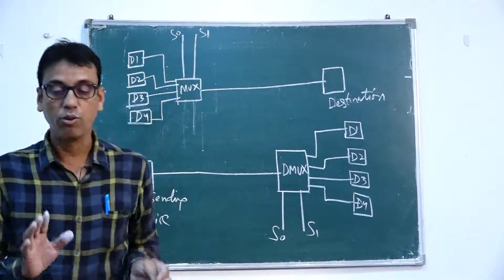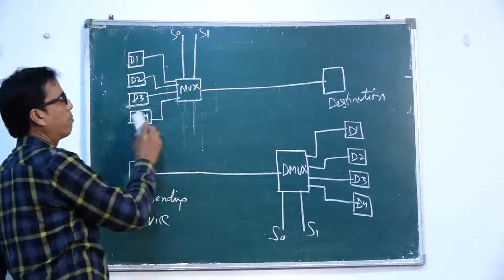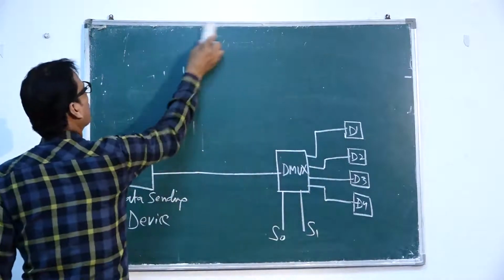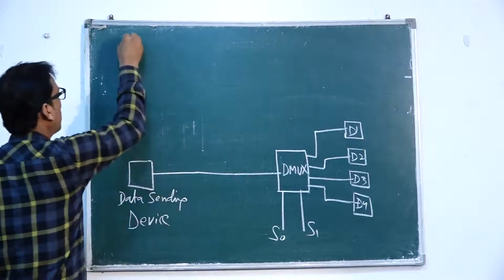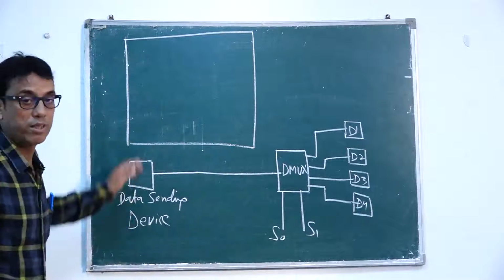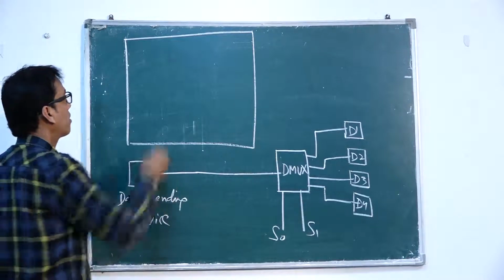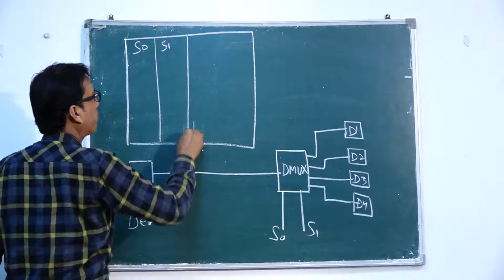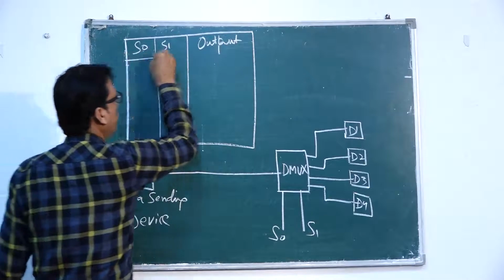Now what we need to do after drawing this, see, I am going to clean mux because we have already learned mux very well. Now draw the truth table. This is the truth table of demux. It has selector line 0, selector line 1, and this is the output line, right?